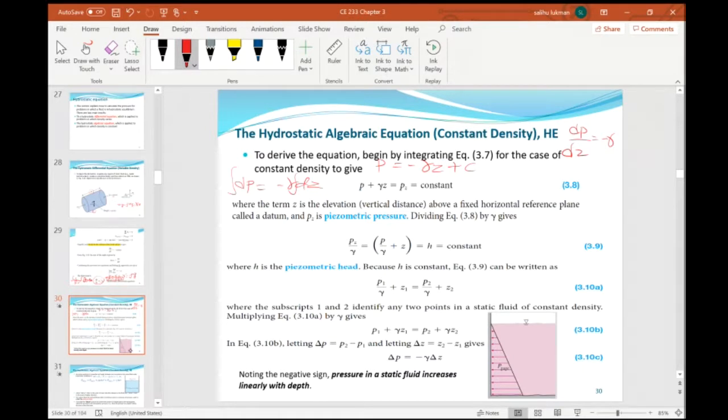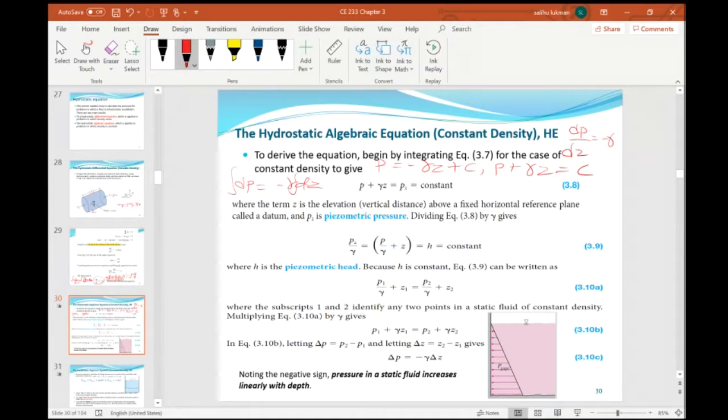When you take this to the other side, you will have P plus gamma Z equals constant, which is exactly what I have here: P plus gamma Z equal Pz. Pz is the constant of integration, and Z here is the elevation, the vertical distance above a fixed horizontal reference plane called a datum. That constant of integration, Pz, is called the piezometric pressure.